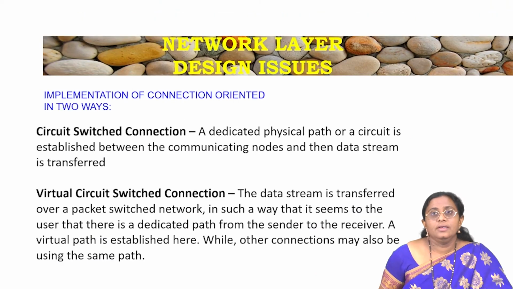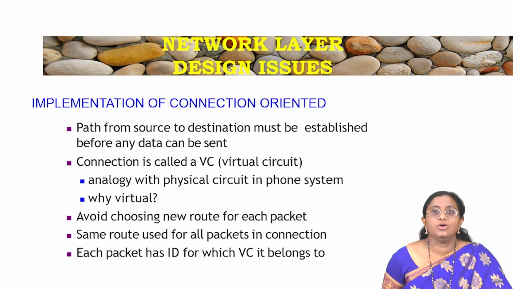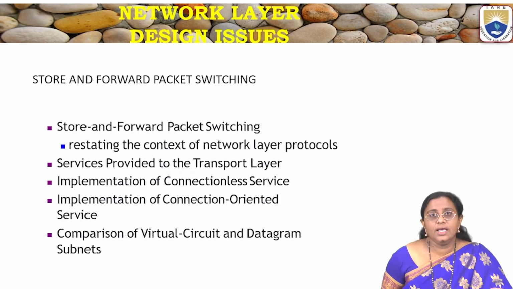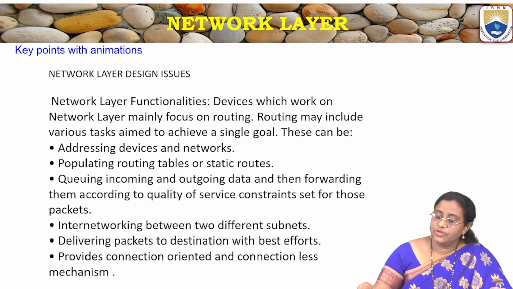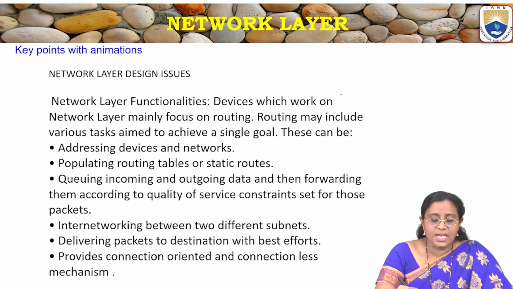Coming to the second and most important concept, the network layer design issues. What are the network layer design issues? They consist of many types of design issues, which are the network layer functionalities. The first one is addressing.